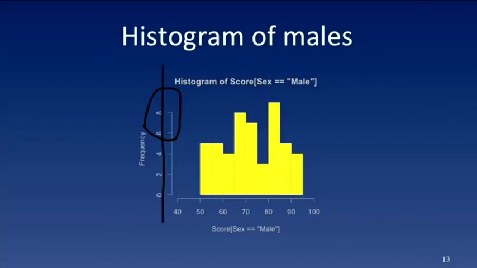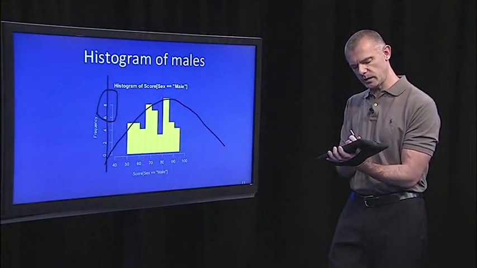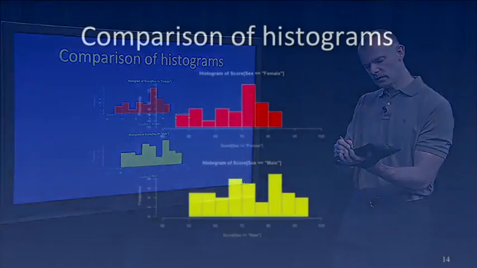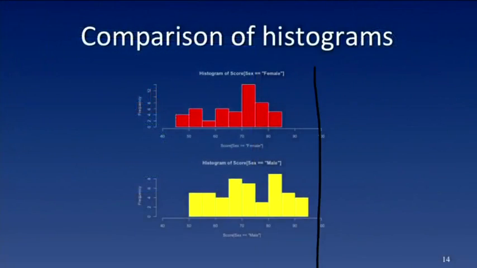What we're seeing here in the male distribution is also a normal distribution, but it doesn't have as high of a peak. The other thing to notice, and this will be clear if we put them side by side, is there's a difference up here at the top end of the distribution.